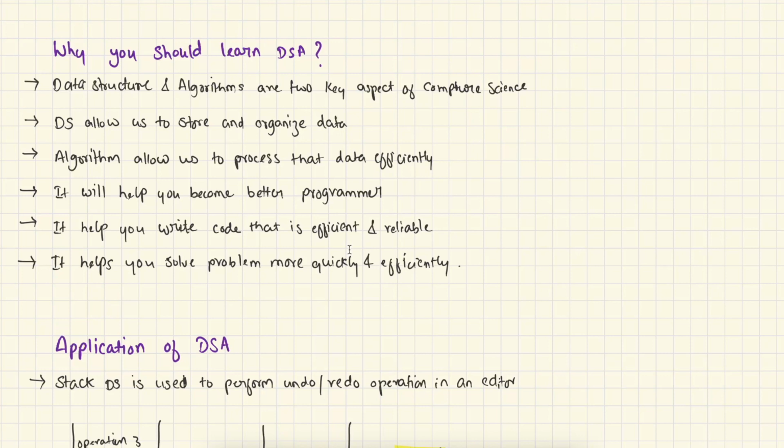So to become a better programmer, you must understand data structures and algorithms. It also helps you write code that is efficient and reliable, right? And it helps you solve problems more quickly and efficiently. So these are the reasons why you must learn data structures. But the ultimate goal is to become a better programmer and a better engineer.